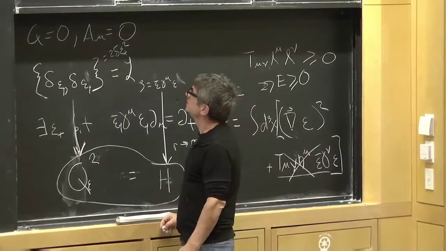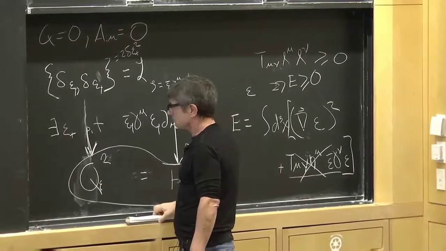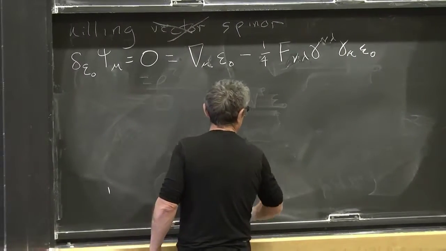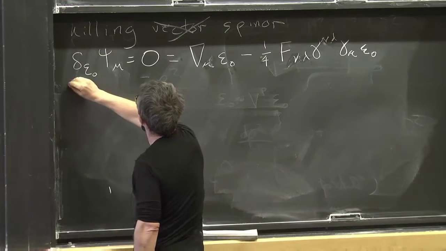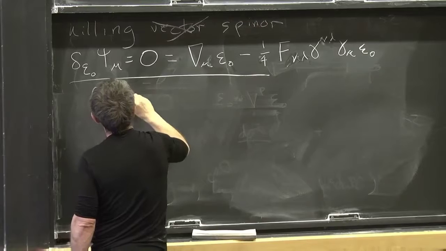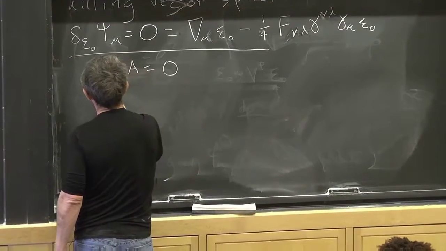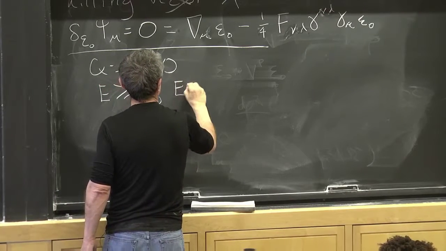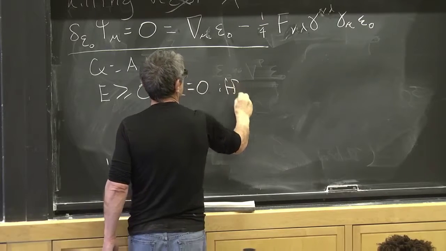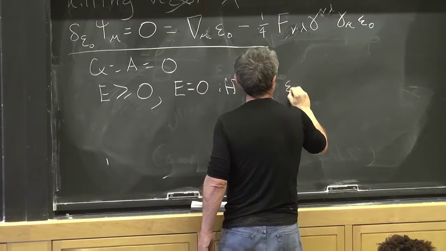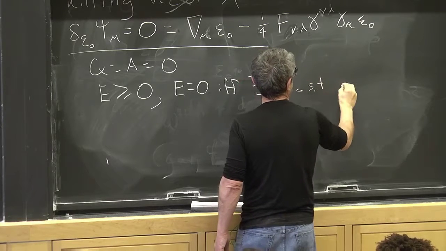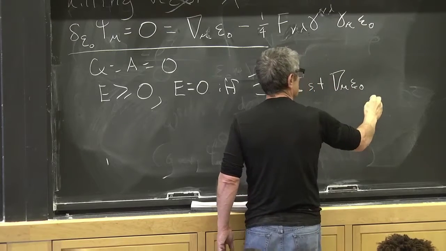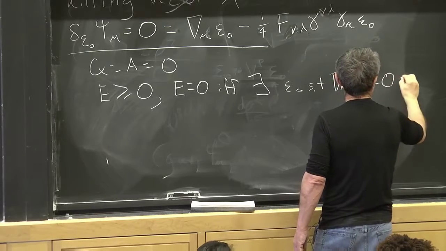So the statement is that for Q equals A equals 0, E is greater than or equal to 0 with E equals 0 if and only if there exists epsilon naught such that d mu epsilon naught is equal to 0, which implies flat space.